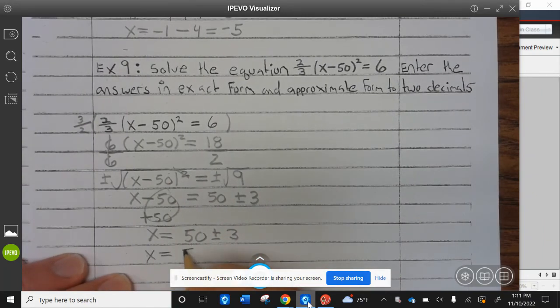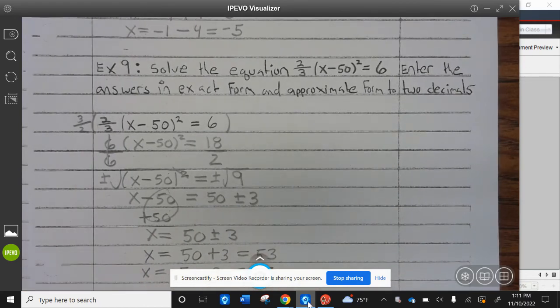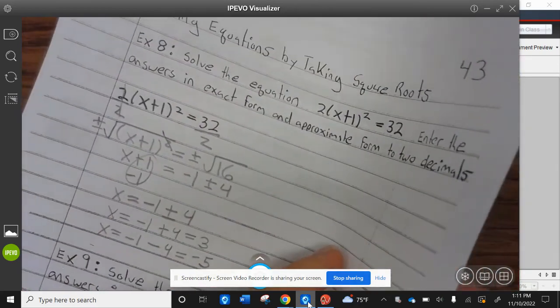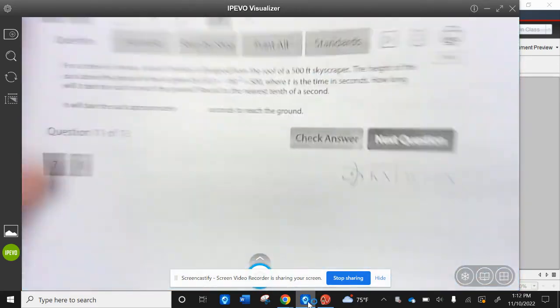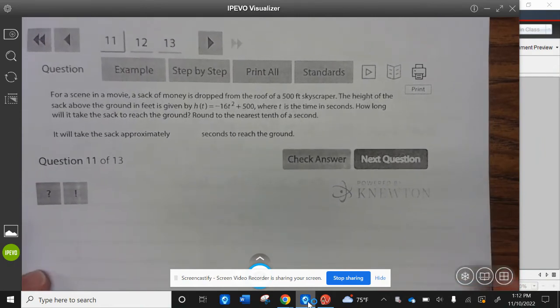So x equals 50 plus 3, which equals 53, and x equals 50 minus 3, which equals 47. All right, we're going to finish up example 9.